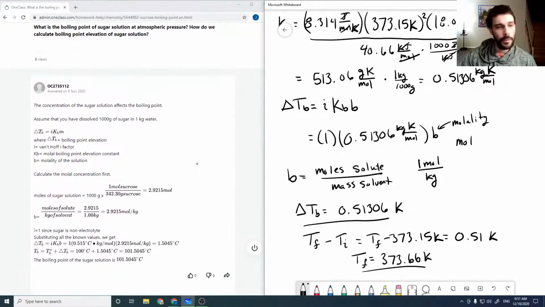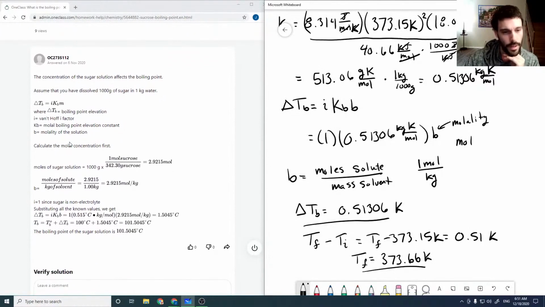Okay, so if we check here, here's our boiling point equation, and here's each of the factors. So for sugar, we have i equals 1. So our Kb, you can also just look up these values.